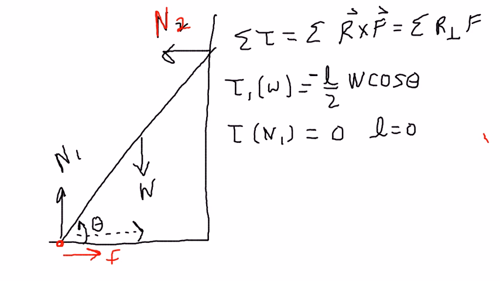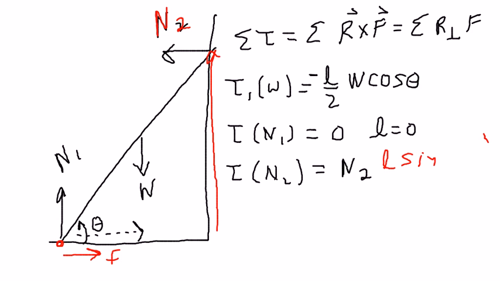I'm now going to look at the torque associated with N2, which is equal to, I'm going to write that as N2, and then I want the component of L or R that is perpendicular, and that's going to look like L sine theta.